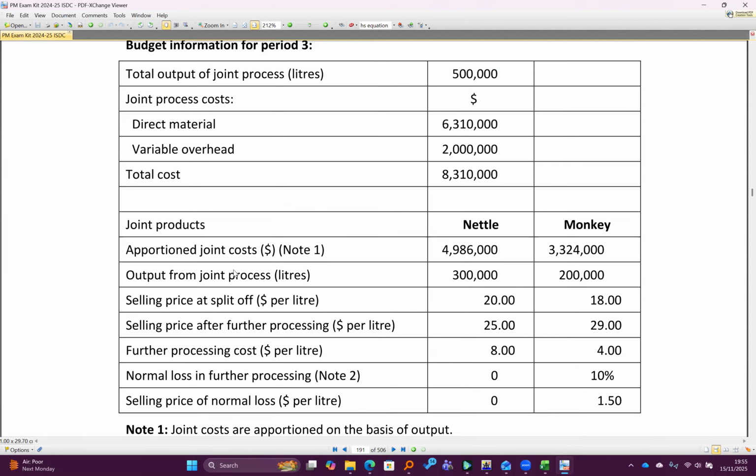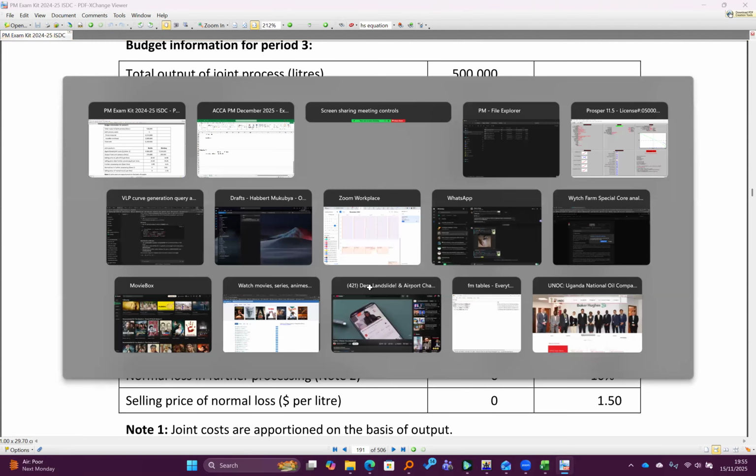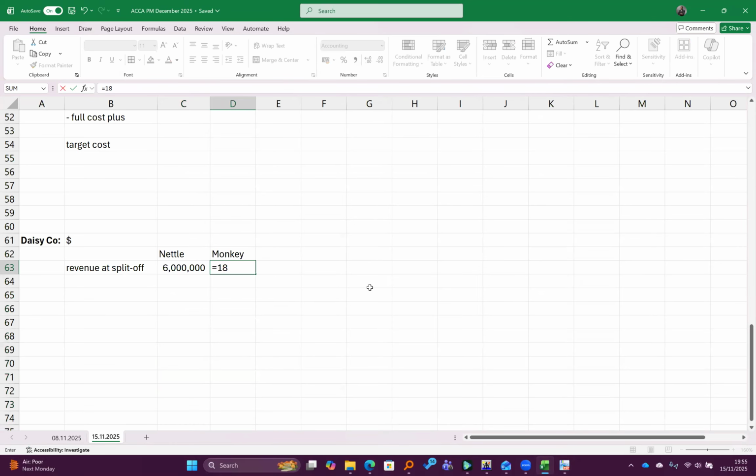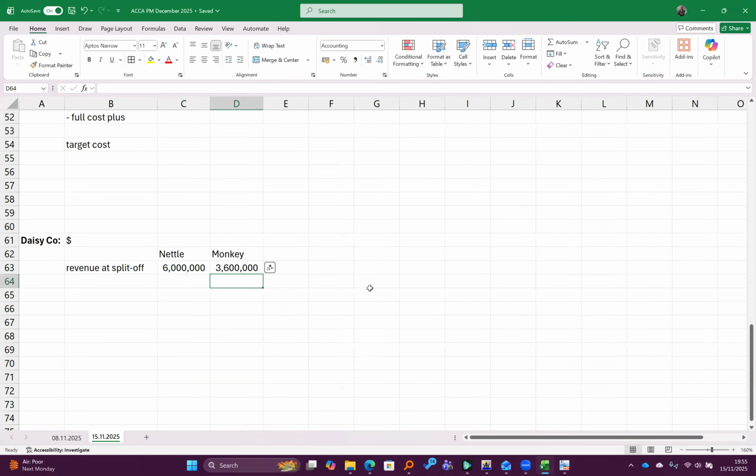Then for the monkey is 18 times 100,000. So that's 3.6. Then revenue from further processing. No, revenue after the further processing.